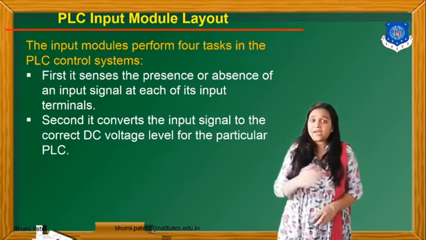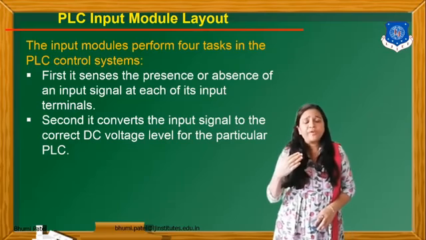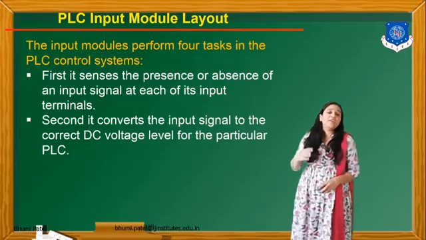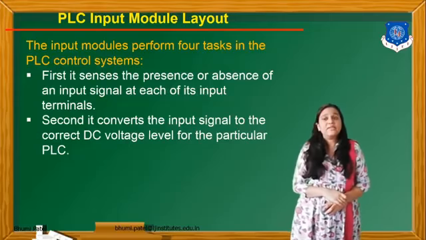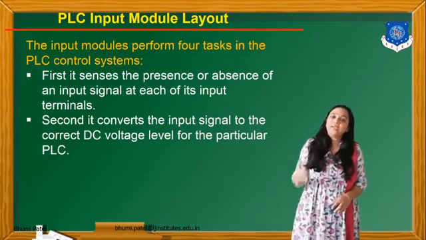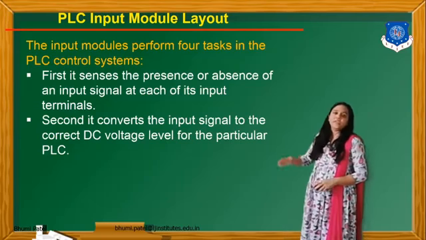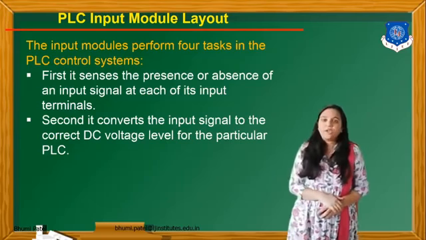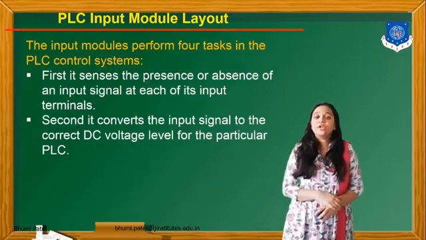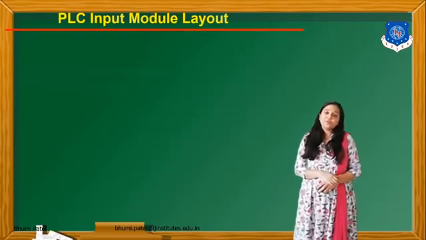As you know, we studied in the first chapter that there are different types of PLC, and the input voltage for different types of PLC is different. So the second task of the input module is to convert the input signal to the correct DC voltage level for the particular PLC. Which company's PLC you use is most important.